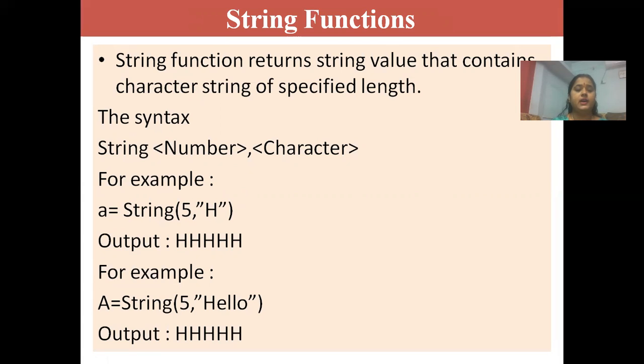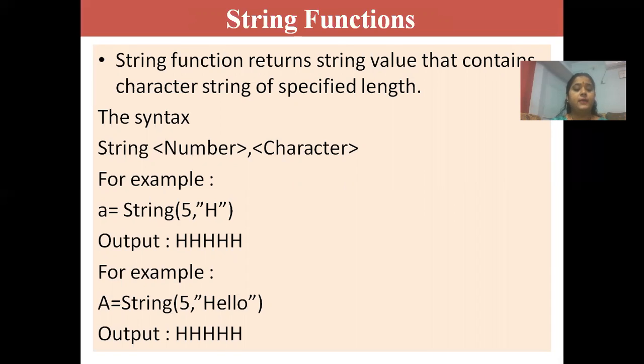For example, if a is a variable and I have used a string function with number as 5 and character as h, what will be the expected output? The h is printed 5 times, as I have declared the number of size 5 in the syntax.